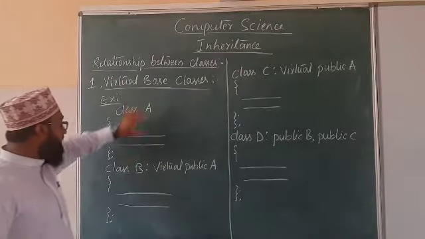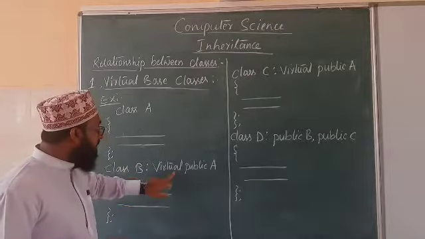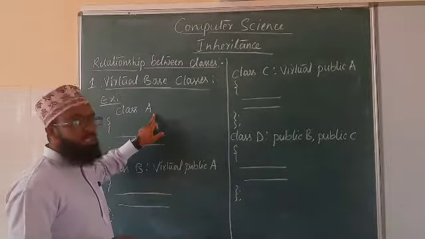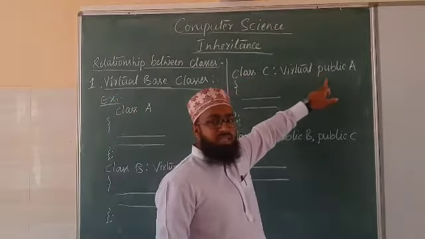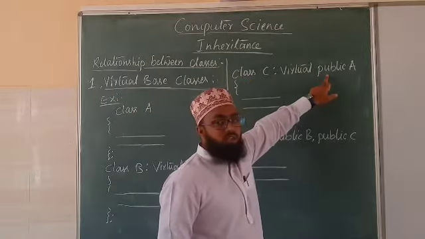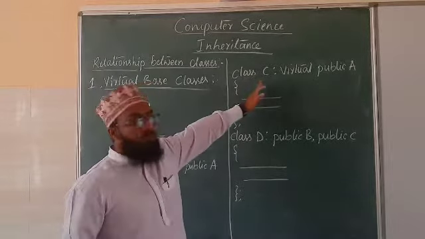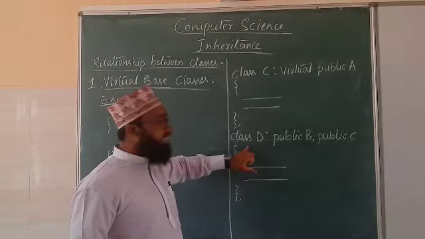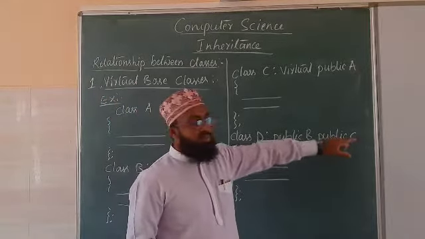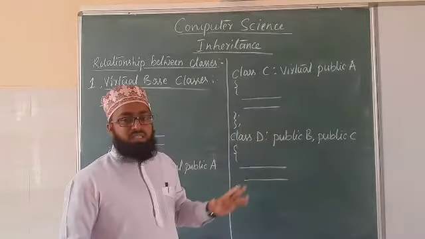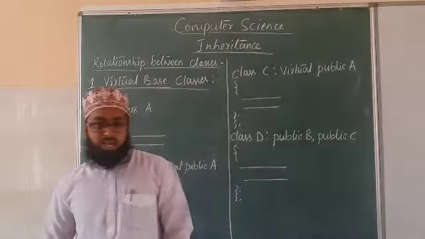This is the base class and classes are derived. Without repeating the data, we are doing just virtual A, and class C is created without repeating the base class. We have taken just virtual public A. And one more class derived from B and C, that is class E. Like this, we have to define the virtual base classes.